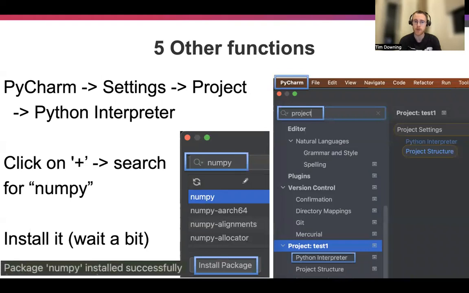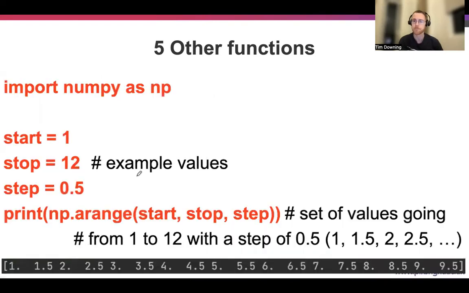And when you have it installed, you'll see this special signal saying package NumPy installed successfully at the end. So again, that's PyCharm settings, project, Python interpreter, click on plus to search for NumPy, and then add it as one of your packages in PyCharm.